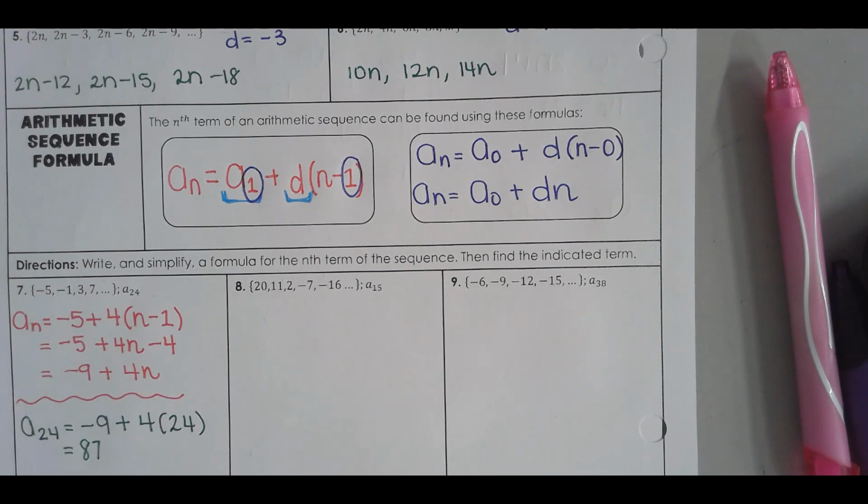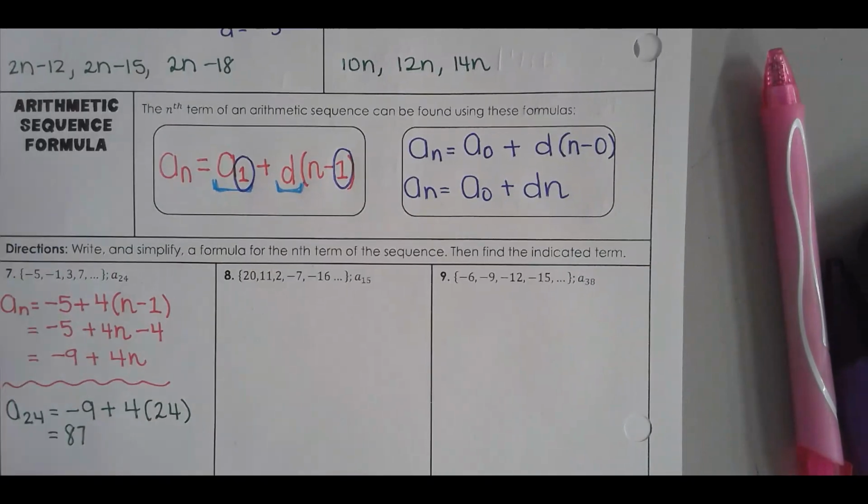It's much easier. So I'm going to show you number 8 this way. If you like the n minus 1, you put number 8. What is my common difference? Negative 9.